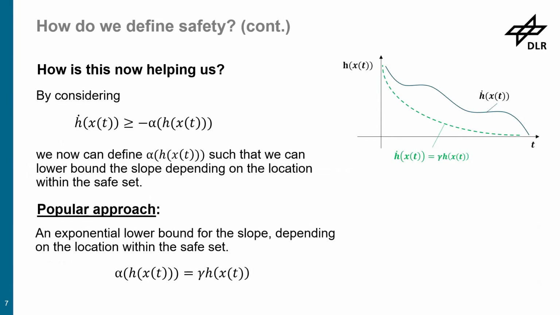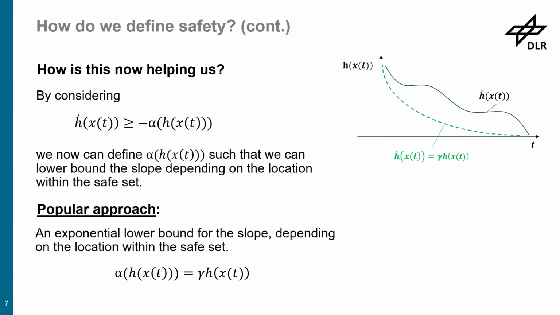And the most popular approach is to just use a scalar parameter gamma times the value of the CBF. And this is basically just an exponential lower bound. So by doing this, we have an exponential lower bound when we approach the boundary of the safe set, and as long as the h dot of the system is above this line, we're good to go.